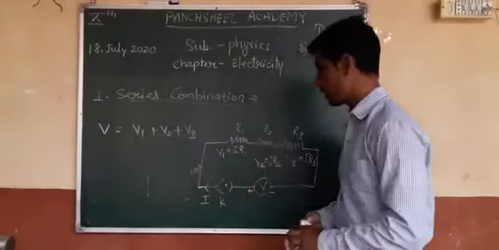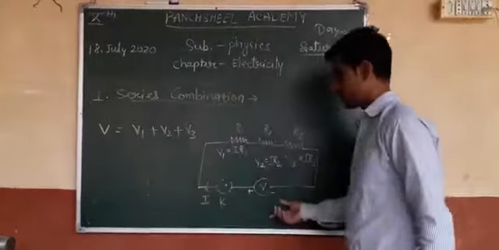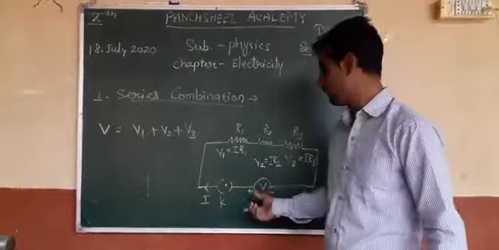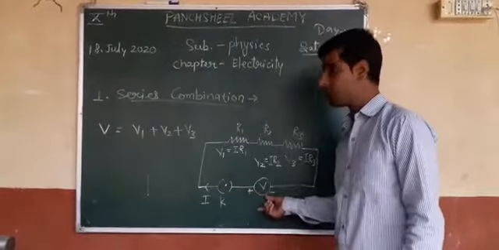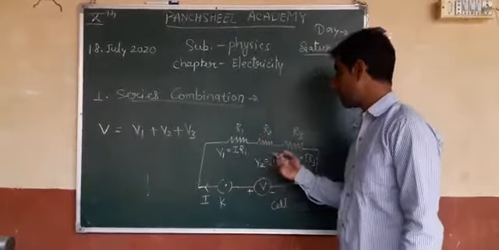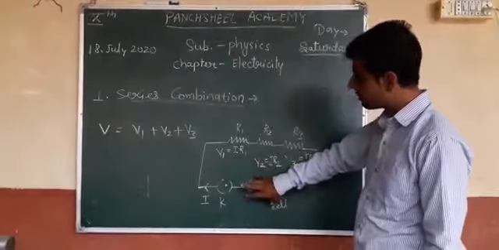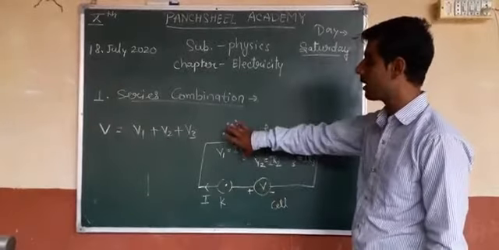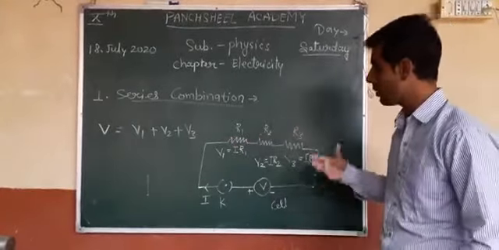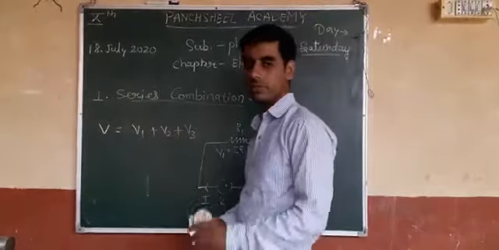Why? Because if we apply some voltage from the cell or battery, this voltage is split into three parts, V1, V2 and V3, utilized across these resistances. So the total voltage V is V1 plus V2 plus V3.